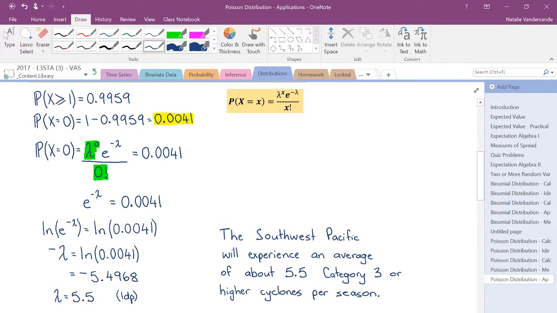So we can conclude the Southwest Pacific will experience an average of about 5.5 Category 3 or higher cyclones per season.